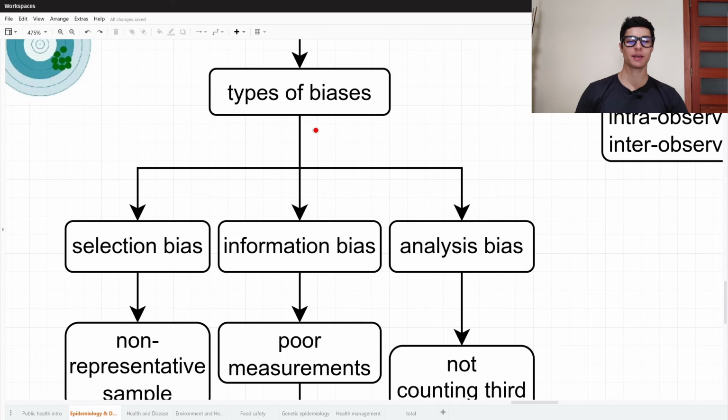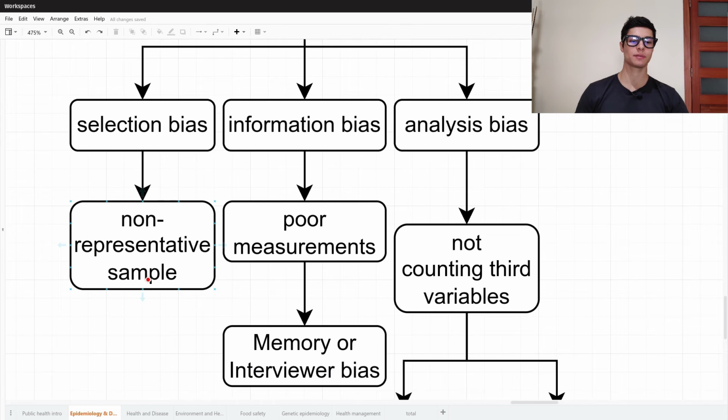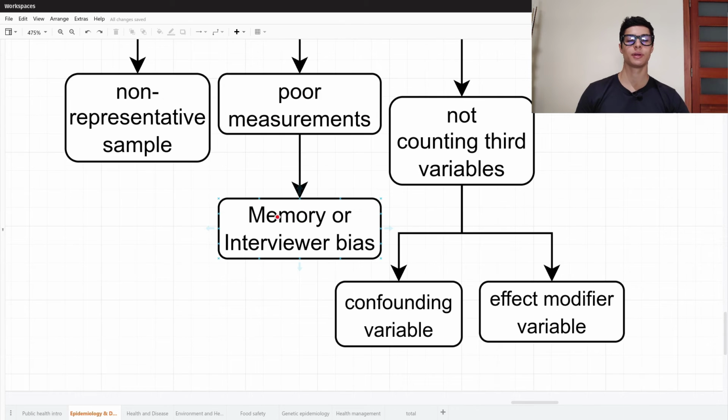There are three types of biases. The selection bias is when you have a non-representative sample. The information bias is when you have poor measurements, and this is also the memory or interviewer bias. For example, if we ask questions to someone, maybe the memory of that person is not that accurate.